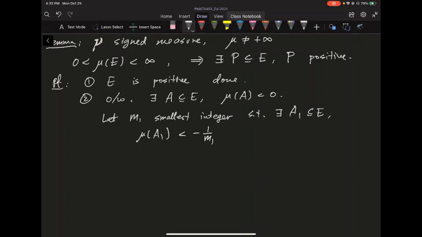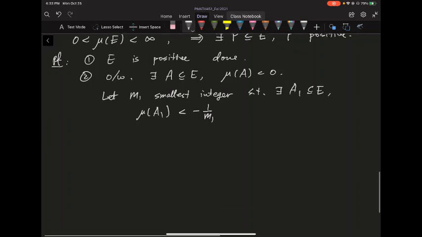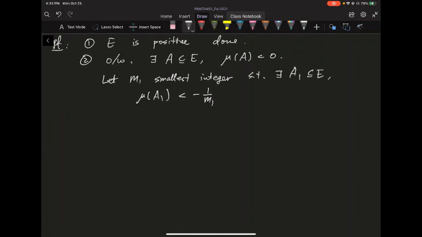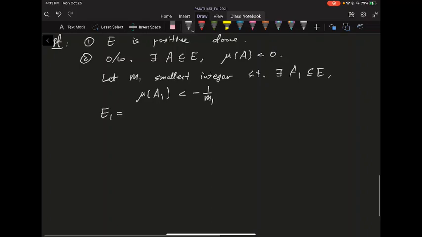So I'm picking an A1 that's a negative subset of E which is as negative as it can be, so M1 is the smallest integer. After I've done that, let's remove this negative measured subset. Let E1 be E take away A1. This is a subset of E, and again I have two cases: if E1 is positive, then I'm done.